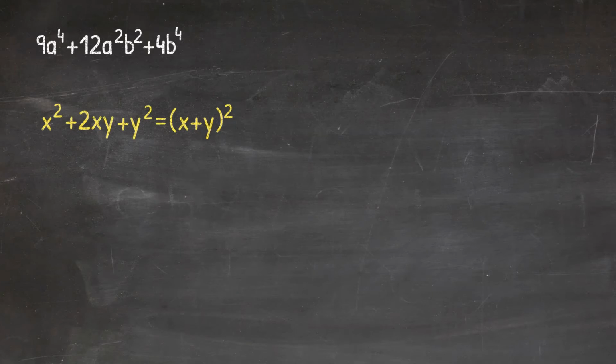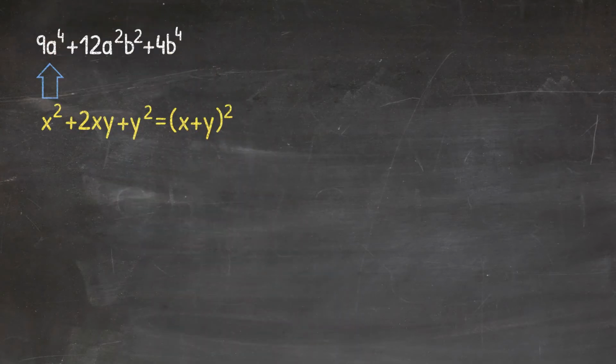Let's see if the pattern that we recognize applies to the problem that we're given to solve. The problem is 9a to the fourth plus 12a squared b squared plus 4b to the fourth. We suspect that it is a variation of x squared plus 2xy plus y squared, which, as we learned in the previous lesson, is the square of the sum x plus y.